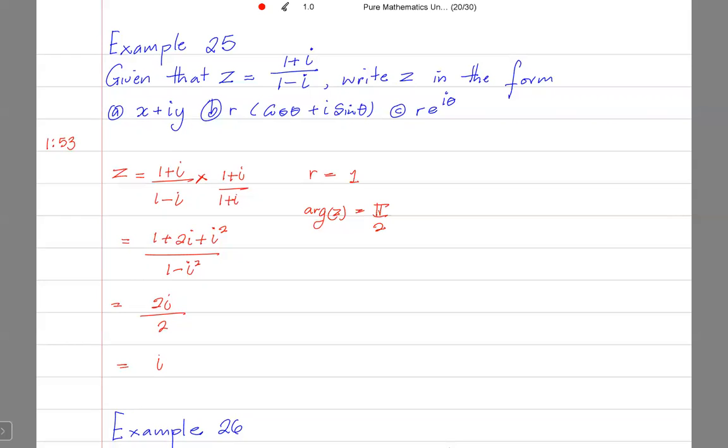I'm going to represent i for you on an Argand diagram. This is my Argand diagram. This is imaginary, and this is real.